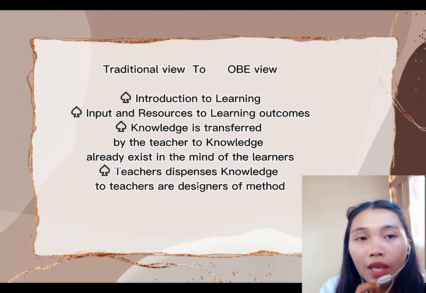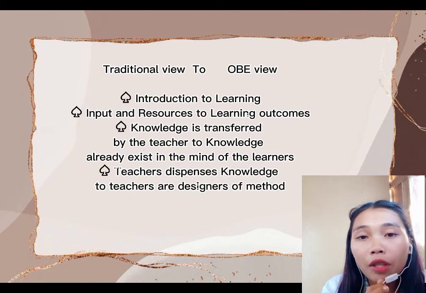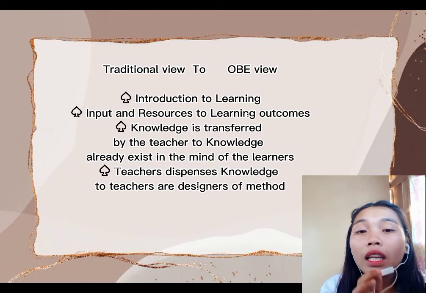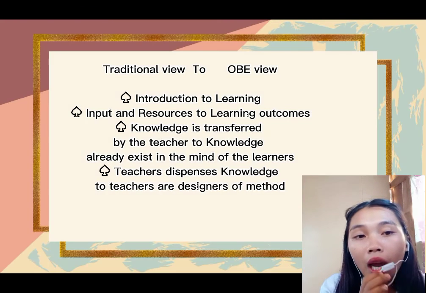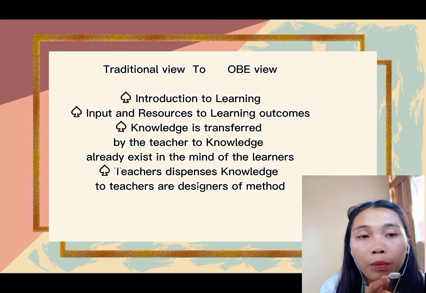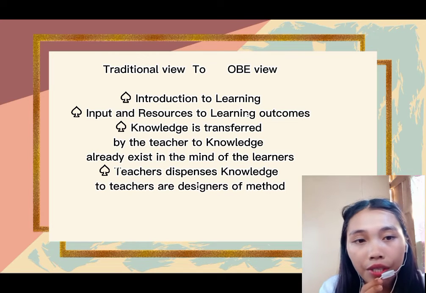So this time we talk about the shift from the traditional to an OBE view. For the traditional view, the emphasis is on instruction, and it turns to learning in the OBE view. The second one is input and resources, and it turns to learning outcomes. The third one is knowledge transferred by the teacher, and it turns to knowledge that already exists in the mind of the learners.